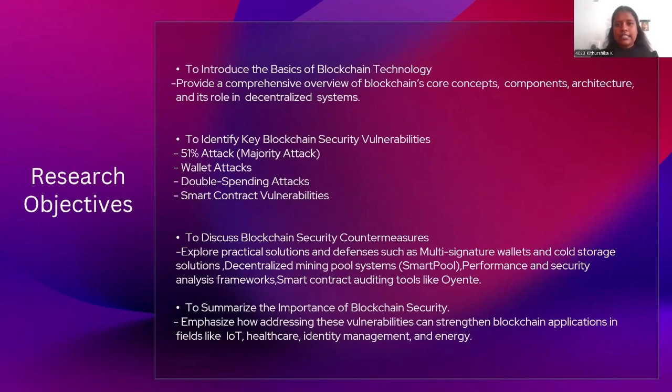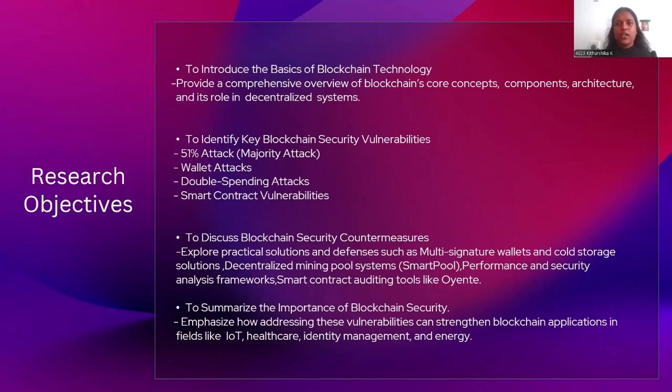Now we will see the objectives of this research paper. The first is to introduce the basics of blockchain technology: how it's created, how we are going to use it, and what the features are. It provides a comprehensive overview of blockchain core concepts, components, and its role in decentralized systems.